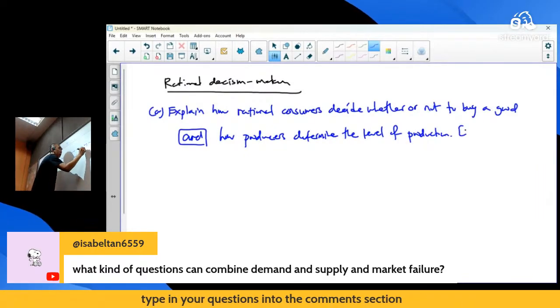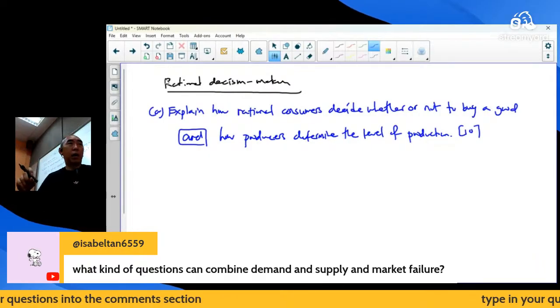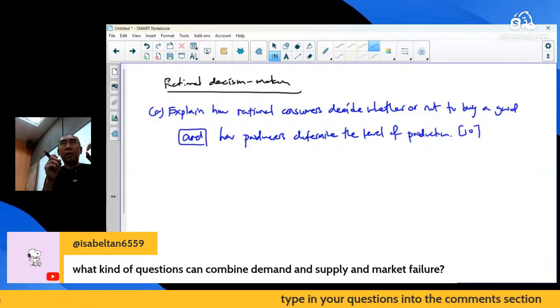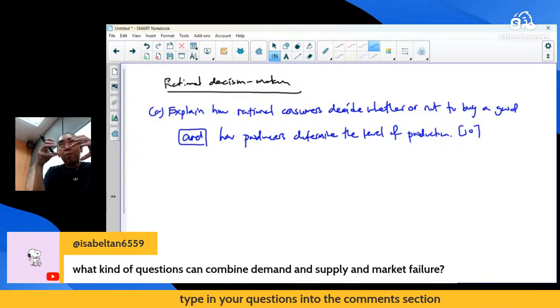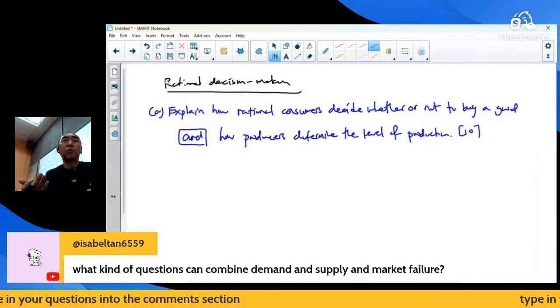So one of the possible questions the examiner could test is about rational decision making for part A. So instead of demand supply, it is like the more foundational understanding underneath demand supply, which is the marginalist principle.